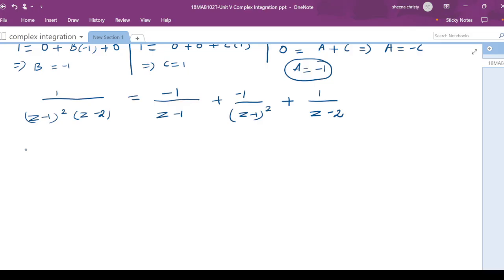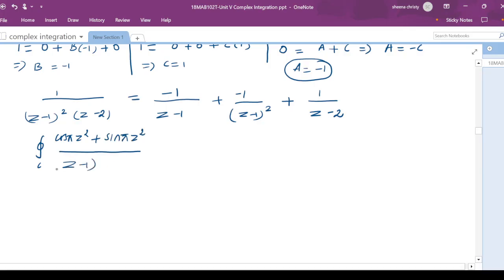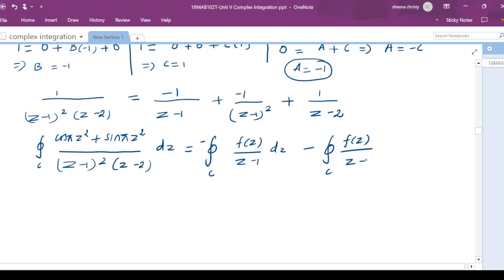Okay, so now the next integral over the contour C of cos pi z square plus sin pi z square divided by z minus 1 the whole square into z minus 2 into dz is going to be integral over the contour C minus f of z divided by z minus 1 into dz minus integral over the contour C f of z divided by z minus 1 the whole square into dz plus integral over the contour C f of z by z minus 2 into dz.